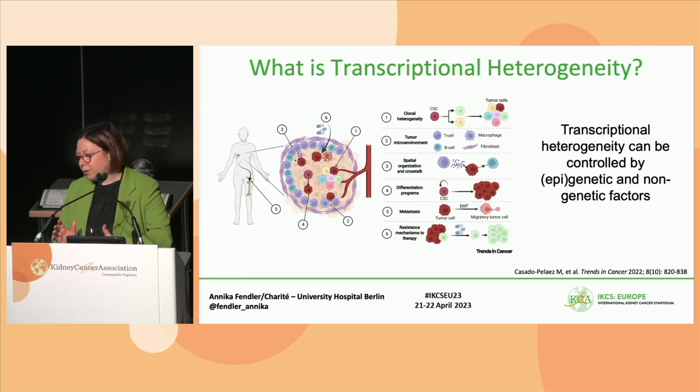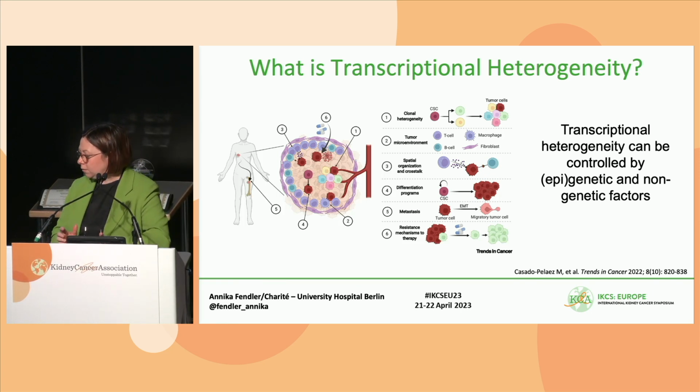So when we look at the tumor, and we saw a similar picture earlier in this session, there's a lot of heterogeneity in the tumor which we can all appreciate, and it comes at certain levels. One is the genetic heterogeneity, which shows how the tumor evolved over time, but we also have different tumor microenvironment compositions, and we have different organizations spatially and crosstalk between cells, but also within the tumor cells, there is plasticity either in how the cells are differentiated or how the capacity to metastasize is, or what cellular programs are active.